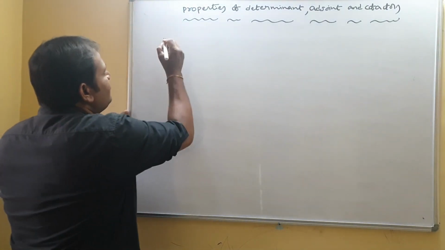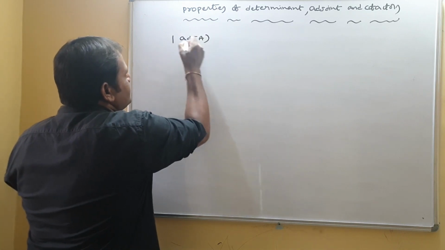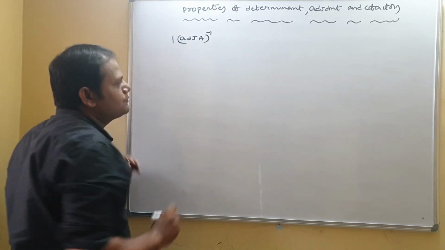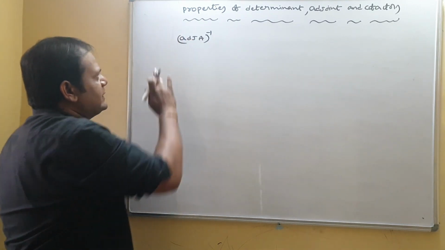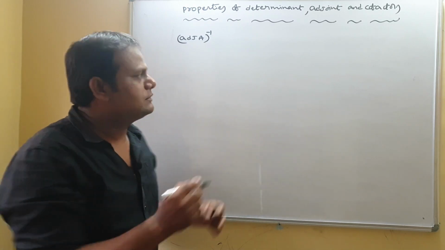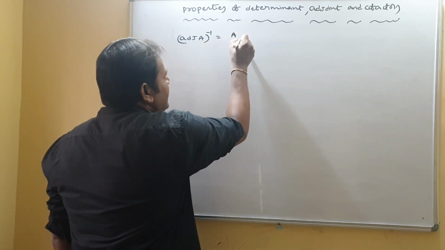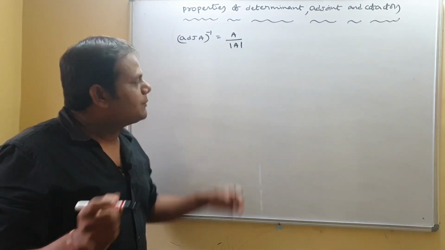Suppose they ask what is adjoint A whole inverse. It is simply A by det A. A very useful formula, you must remember it.